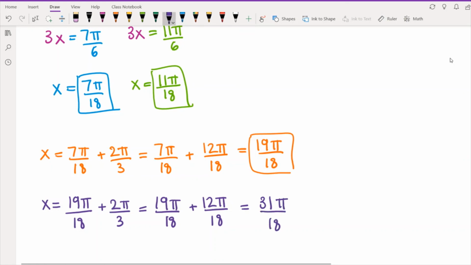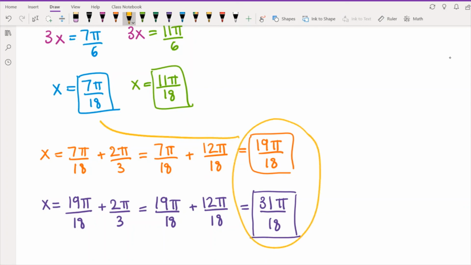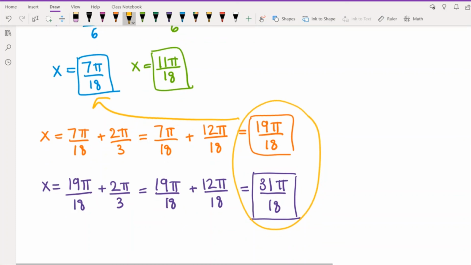And that's as far as we can go. If we tried to add another 2 pi over 3, then we would exceed 2 pi, and we're looking for solutions between 0 and 2 pi. Those angles we just found came from this original solution, by adding the period as many times as we could before we ran out.